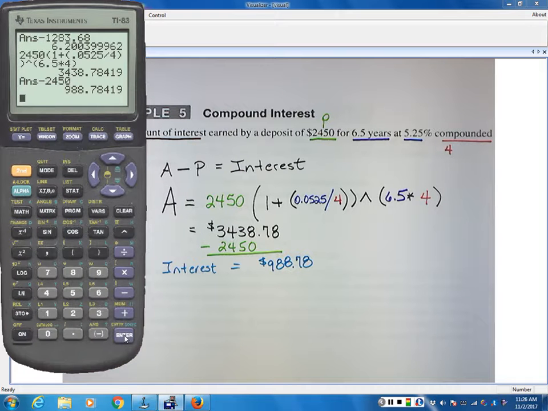Now make sure you're able to pick out all of the different pieces of information that you need to pick out for those problems. Any questions?